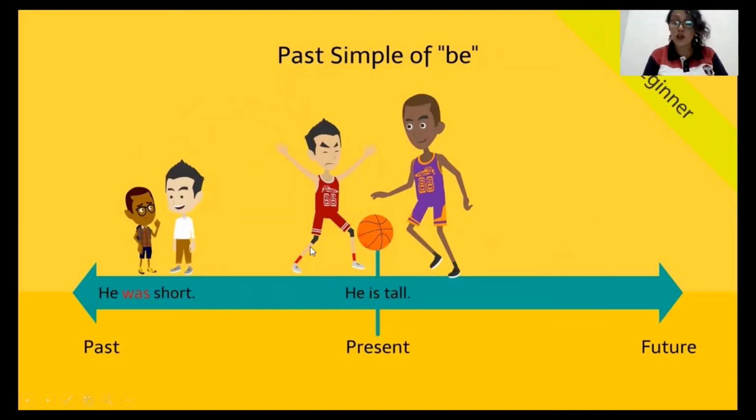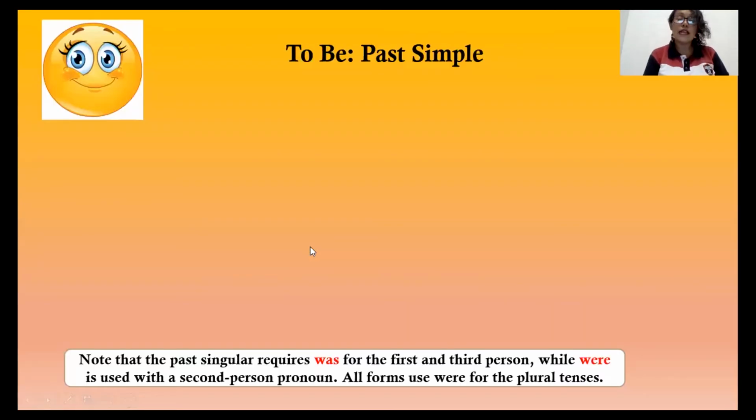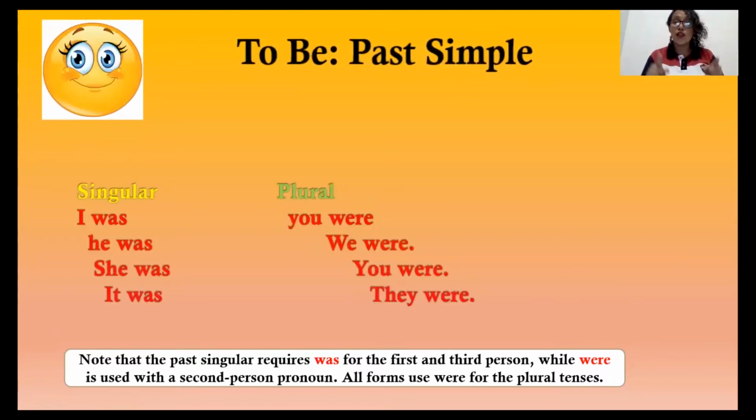But now, here we go with the structure, okay? So in the simple past, we have singular and plural forms. For singular, we are going to use was, and for plurals, we are going to use were. Note that the past singular requires was for the first person, I, and the third person, okay?